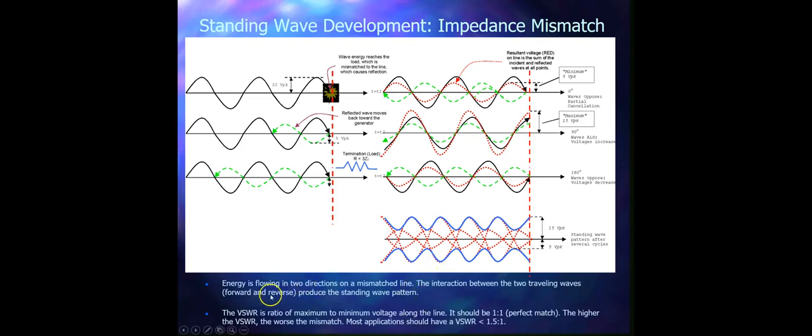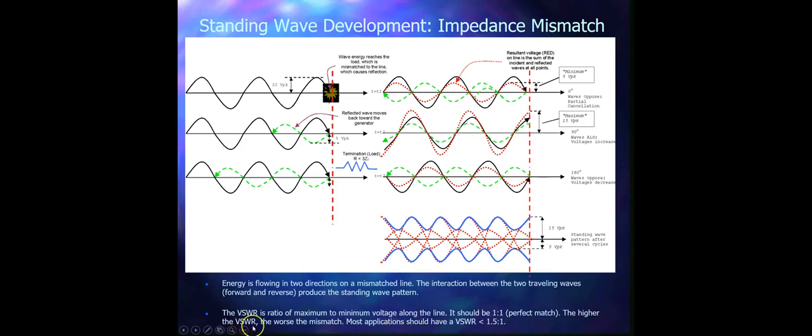Let's read here: energy flows in two directions on a mismatched line. The interaction between the two traveling waves, forward and reverse, produces the standing wave pattern which we have seen here. The voltage standing wave ratio is the ratio of maximum to minimum voltage along the line, and ideally it should be 1:1.